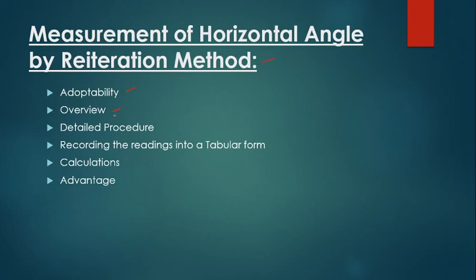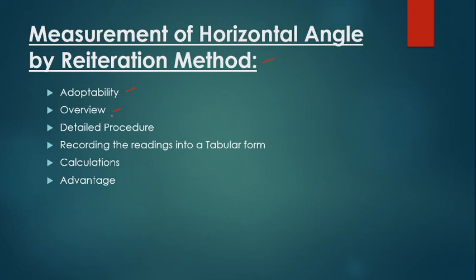What is that method? Overview. So here in this method of reiteration, when several angles are to be measured from the same station, all the angles are measured successively from the first station, and the angle between the last station and the first station is also measured. Thus, the horizon is closed.